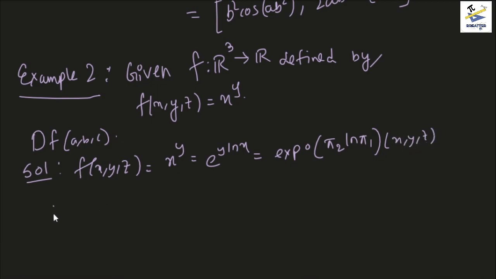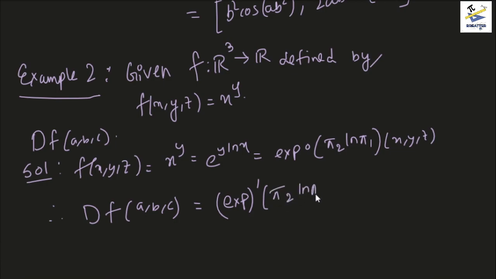So therefore the derivative would be something like this. Firstly, we would be doing exponential's derivative at the point pi 2 log pi 1 at the point (a, b, c), multiplied by pi 2 into ln of pi 1 derivative at the point (a, b, c).